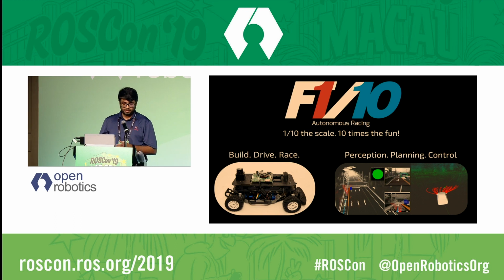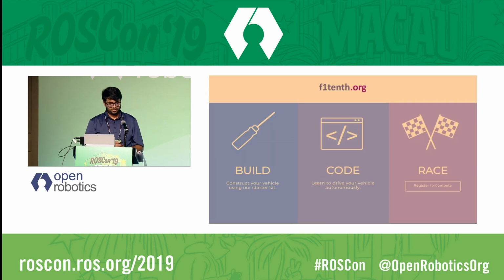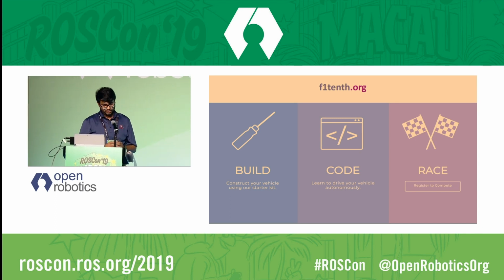I and the other maintainers of the F1 10th project have been working on the platform for over 5 years now, and we have created a repository of information on how to build, code, and race the F1 10 autonomous race car. We have made the project open source and freely available on our website, f110.org. I encourage you to visit the website to learn more about the project and get started with your own F1 10 build.